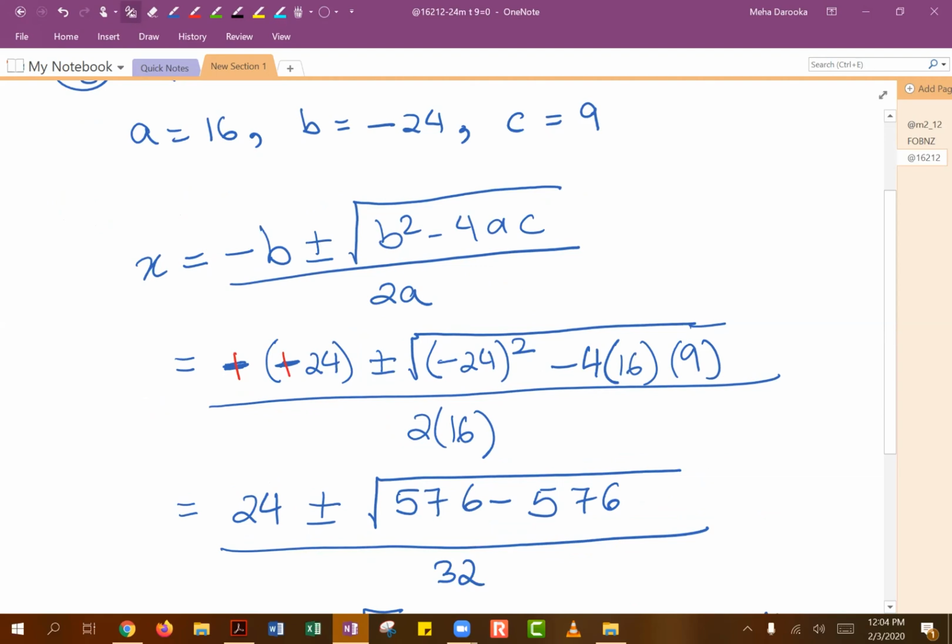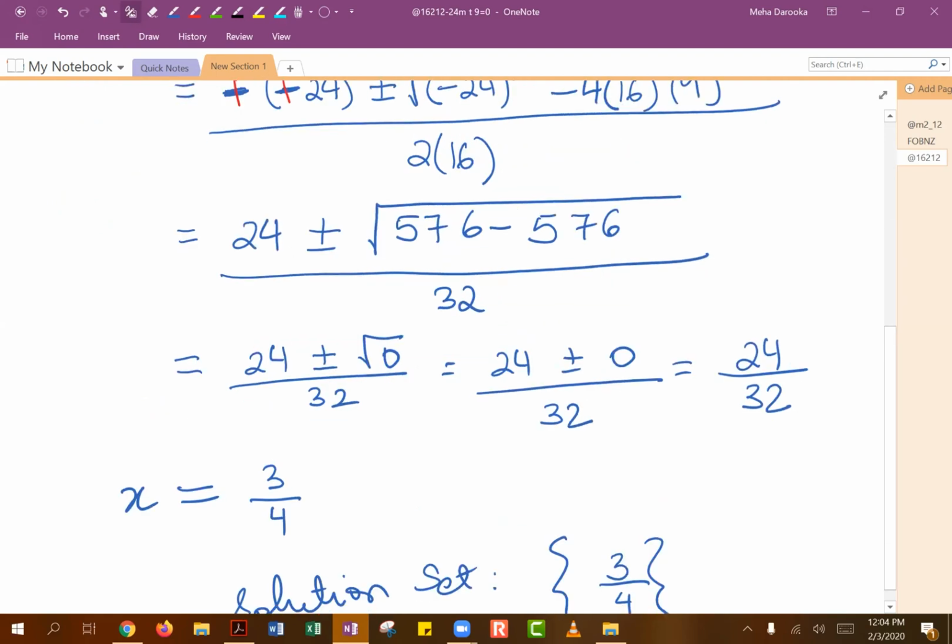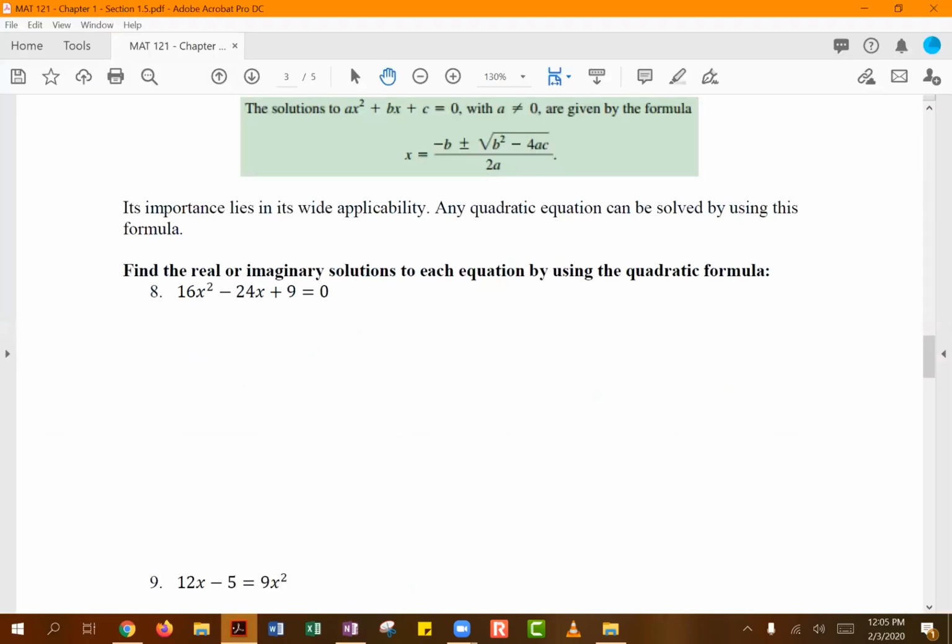And take your negative 24 squared, so that's negative times negative again becomes positive. 24 squared is 576. 4 times 16 times 9 also gave us 576. So basically subtracting the same number, we ended up getting 0 inside our radical. So since you're adding or subtracting 0, you only ended up getting one answer, 24 over 32, and then reduce your fraction.